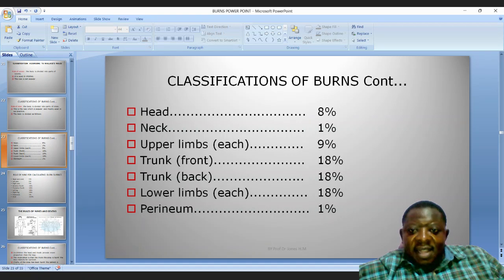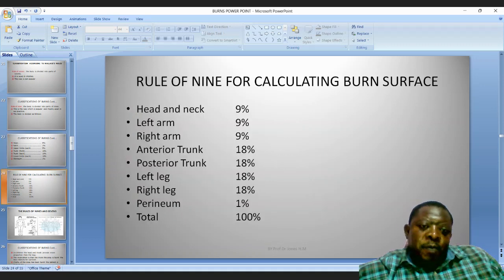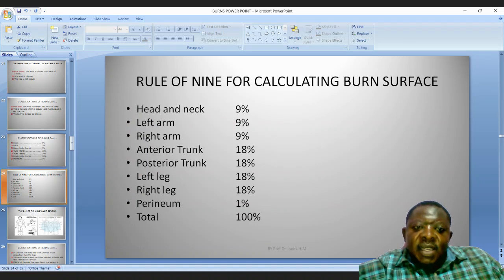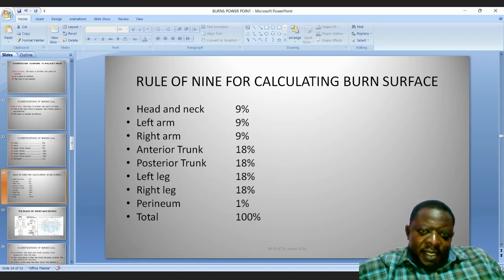Then the trunk, front part 18, the back part 18. Then the lower limbs, each is 18%. Then the perineum part is 1%. Let me display this data in this way because when you add all these percentages apportioned for each part, you should have 100%.